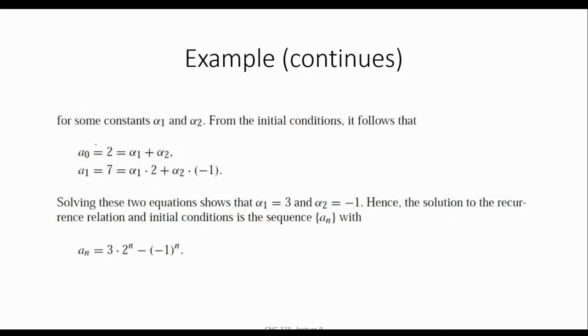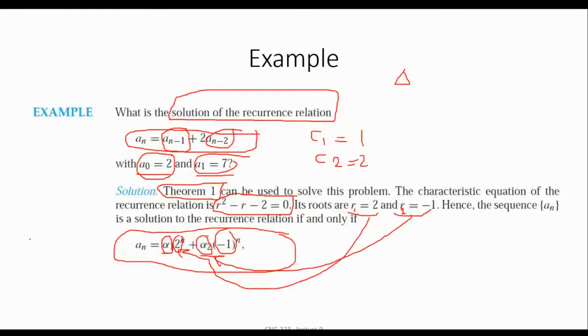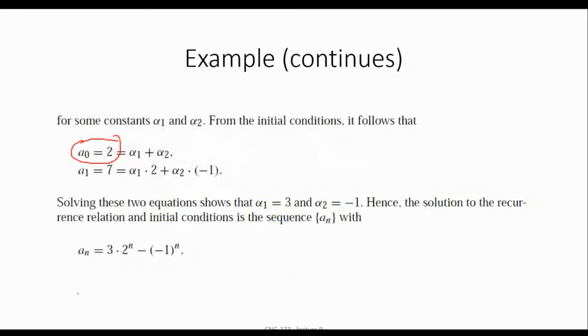I already know that A0 is equal to 2. If you insert it in that equation, whenever you see n, consider 0. So 2 to the power 0 is 1, and minus 1 to the power 0 is 1. So what you have is alpha 1 plus alpha 2. That's how we come up with this part.